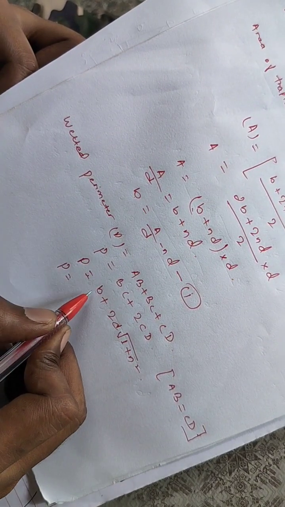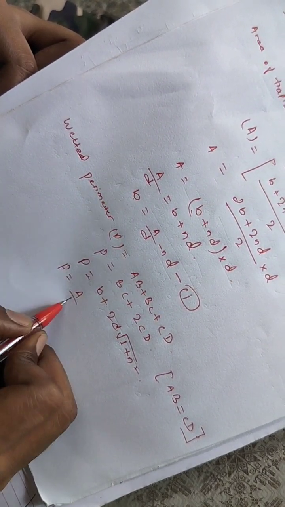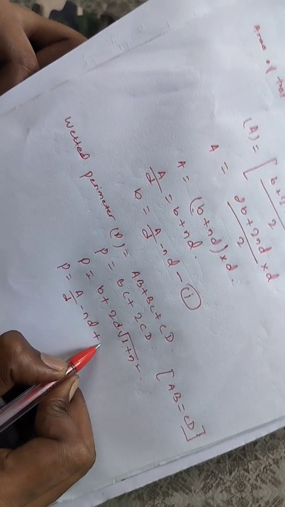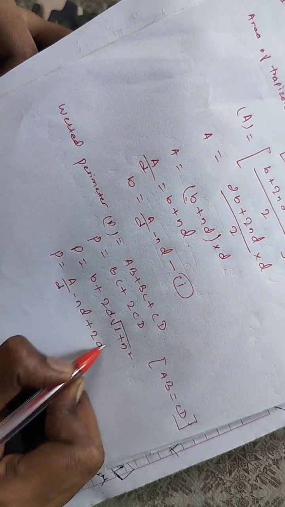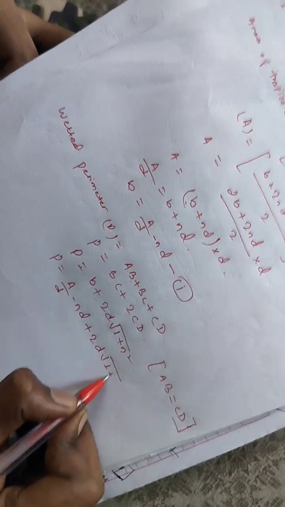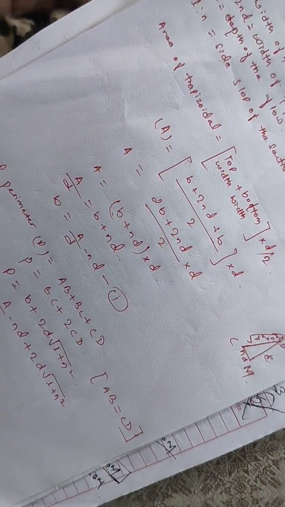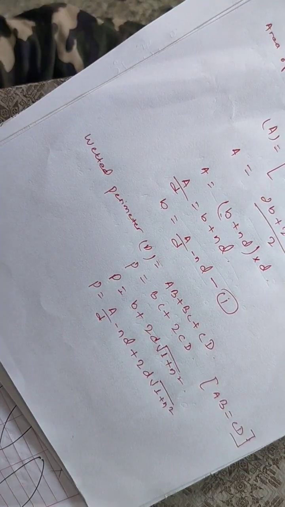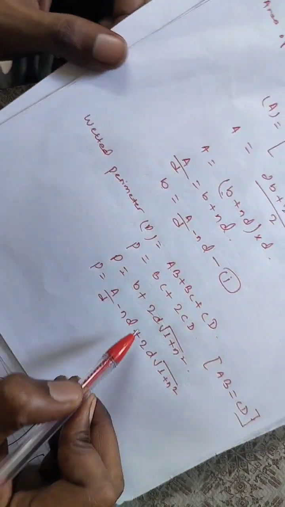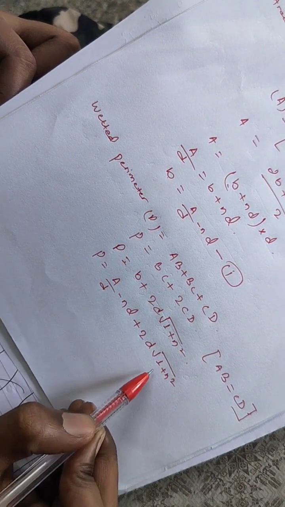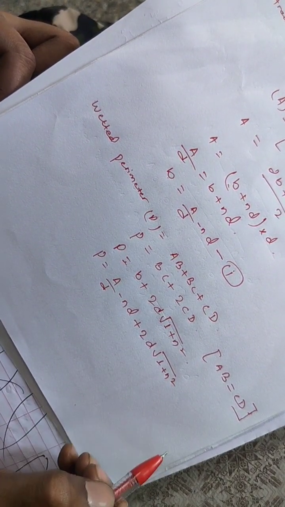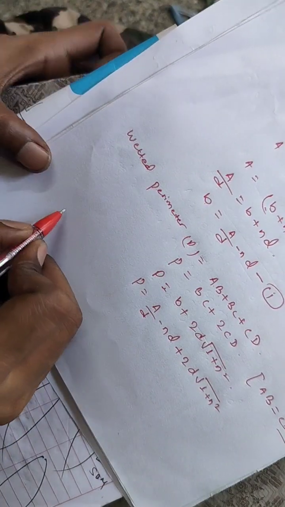Instead of B we can write here A by D minus ND plus 2D root under 1 plus n square. Now for minimum wetted perimeter, we have to differentiate this equation with respect to D and equate it to 0.